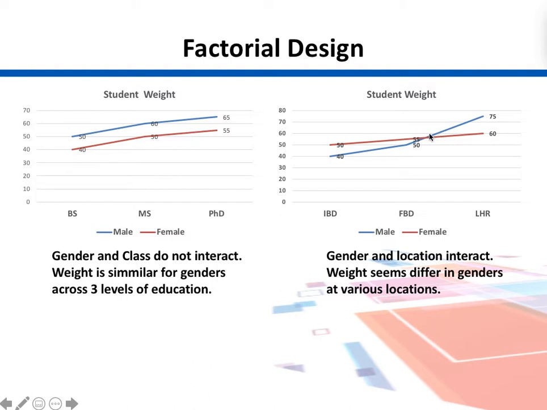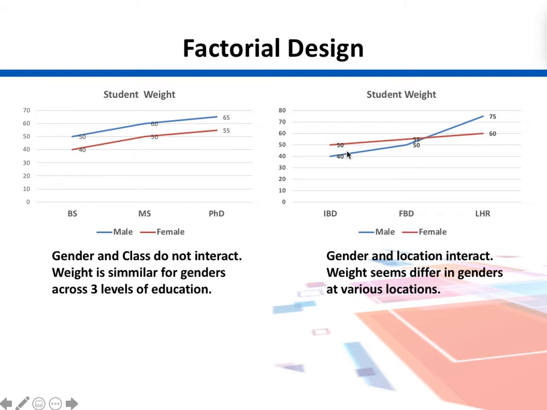This kind of arrangement we call a factorial design, or we can say there is an interaction between these two treatments. So the response across the levels of locations is different in both genders.